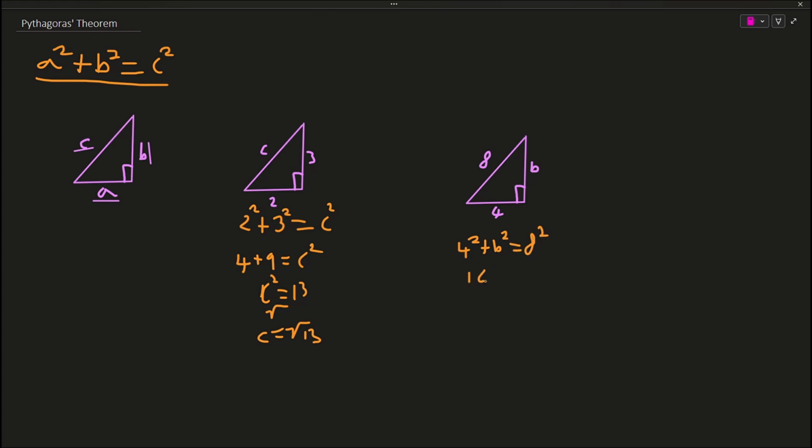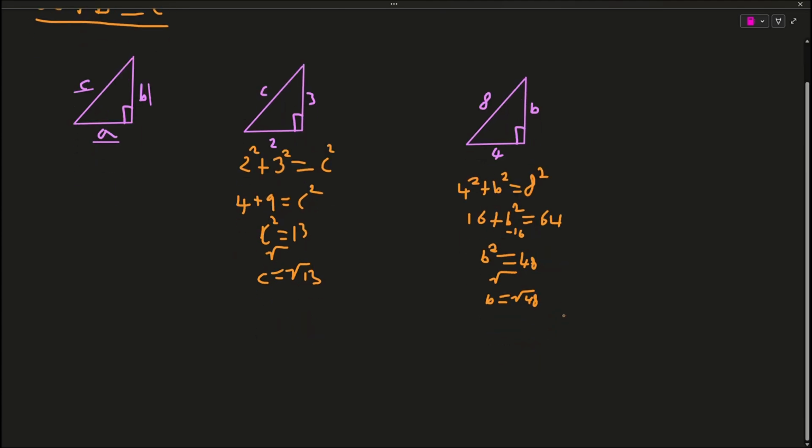That's 16 plus b squared is equal to 64. Now 64 minus 16 is 48, so b squared is equal to 48. We square root both sides, so b is equal to the square root of 48.